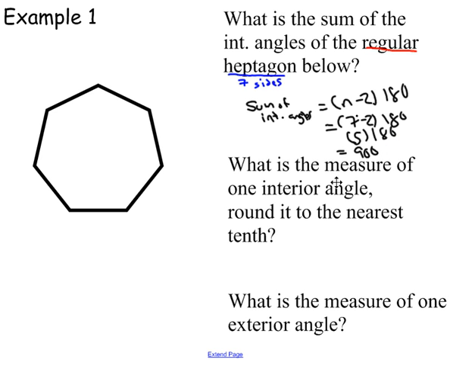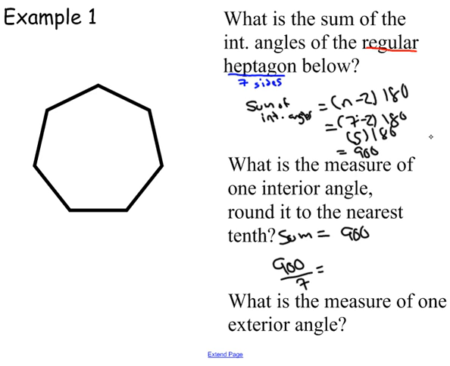The next question says, what is the measure of one interior angle rounded to the nearest tenth? Well, if we know that the sum is equal to 900, and we want to know what one of them is equal to, and we know they're all equal, we can just say 900 divided by 7.